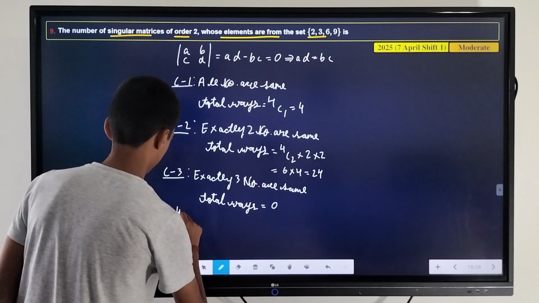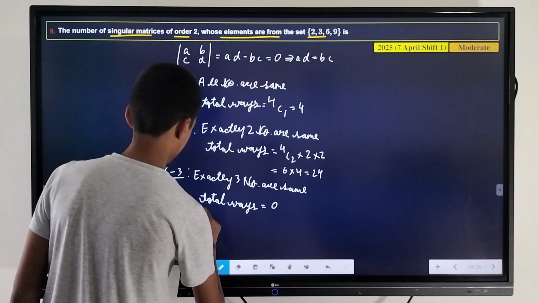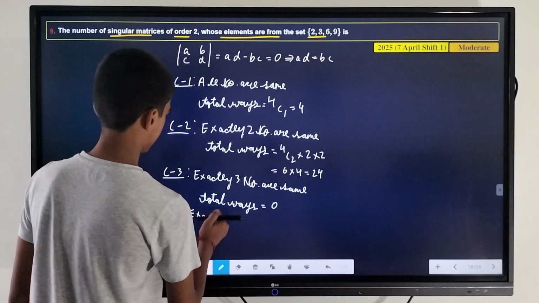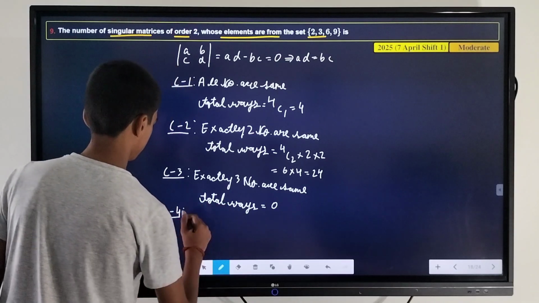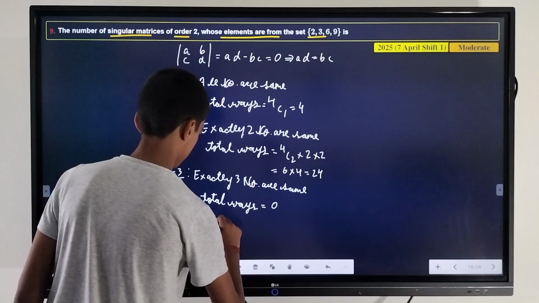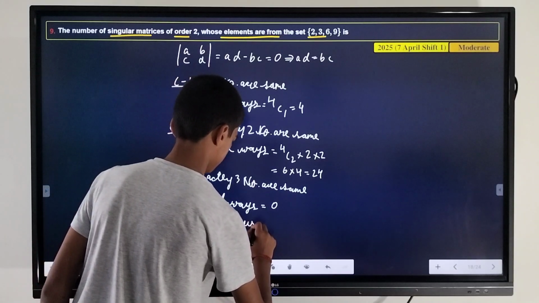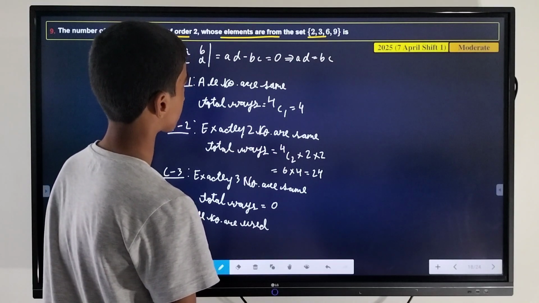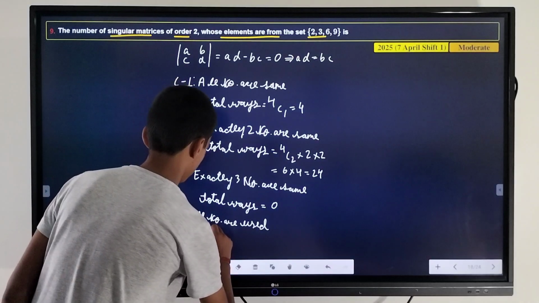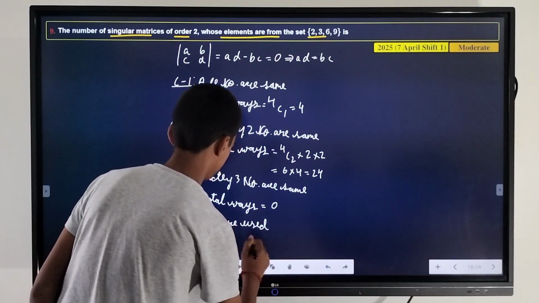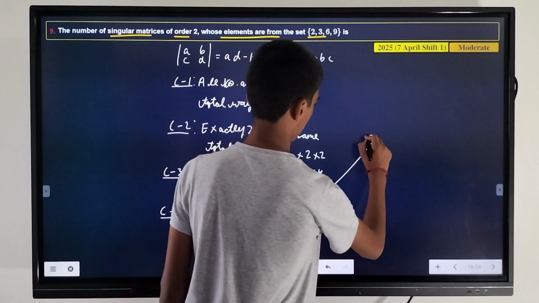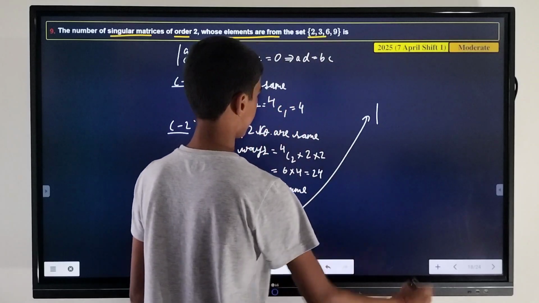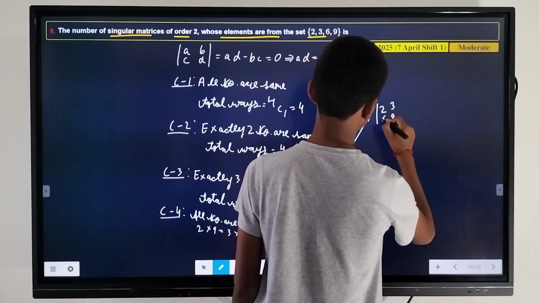And last case 4, all numbers are used. All numbers are used. So in that case, we have only one option. 2 into 9 is equal to 3 into 6. So for this case, let's say one example determinant is 2, 9, 3, 6.